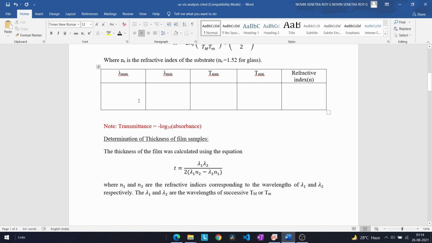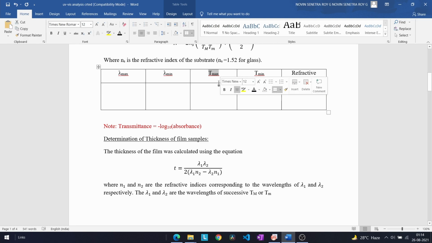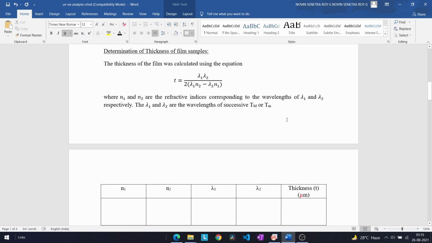Lambda 1 and lambda 2 are successive wavelengths of successive T max or T min. So you take lambda 1 as the first or second value, and the successive value is lambda 2. And what is the T value there? You take the T value of this, or the T value of this, which gives n1 and n2.